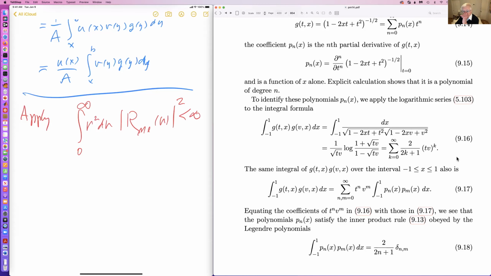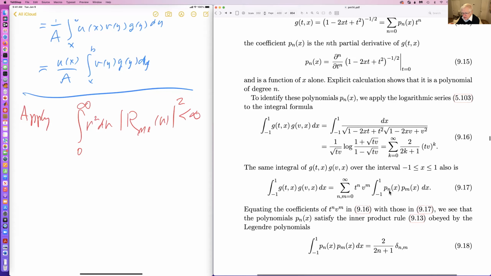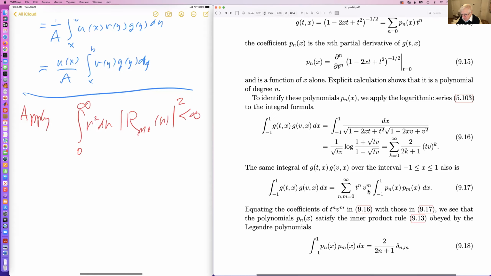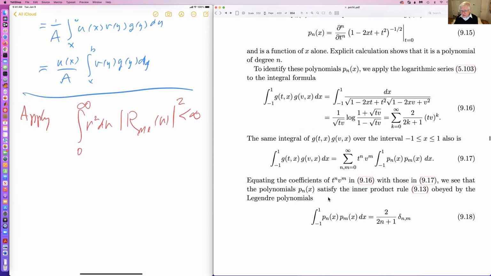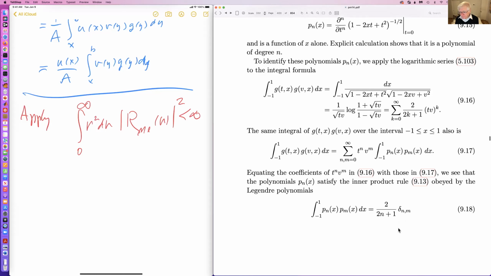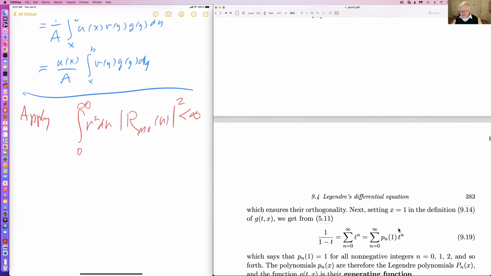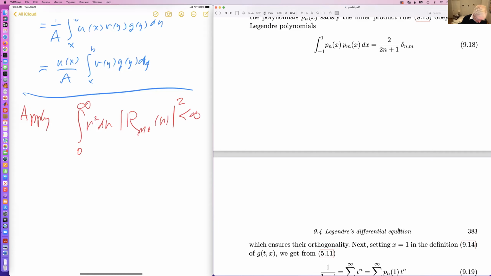On the other hand, what do we know about this? Well, this is a sum of P_n t^n, and this is a sum of P_m v^m. And now we want to equate coefficients of t^n, v^m. And what we see is we get this orthogonality relation. And indeed, this tells us that the little p's satisfy the orthogonality relation that Legendre used to define his polynomials.